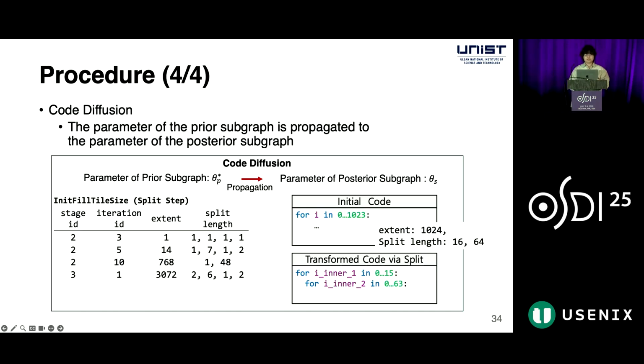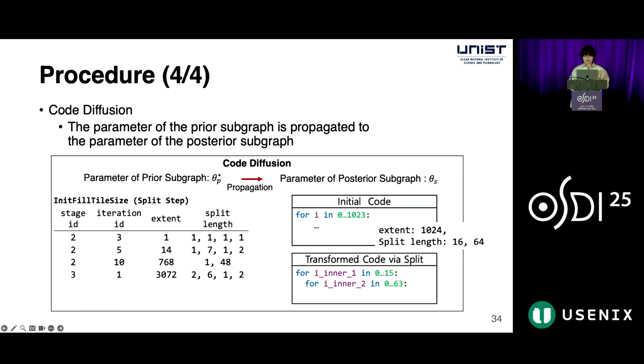We implemented this parameter propagation as part of Ansor's program initialization rules. In particular, we introduced a case called init-fill-tile-size, which sets the parameter per loop split. That is, it divides a loop of a given extent into smaller chunks based on the split length.